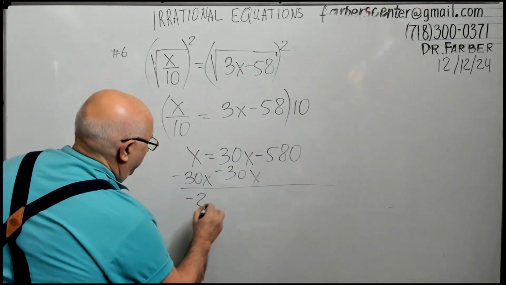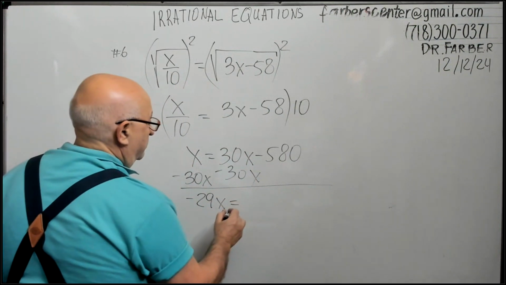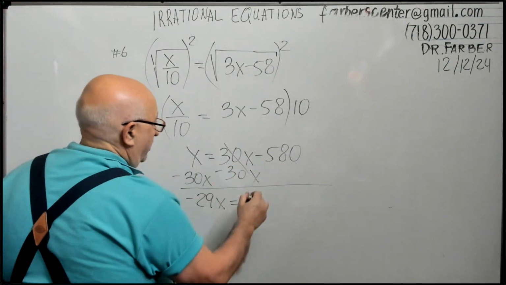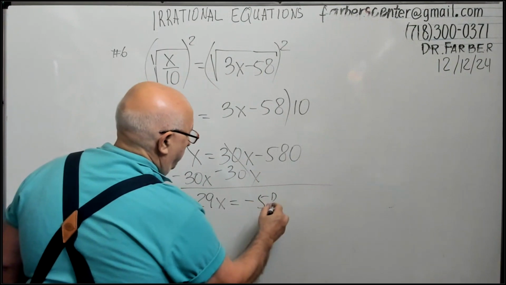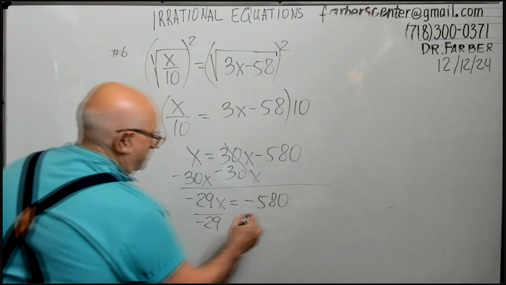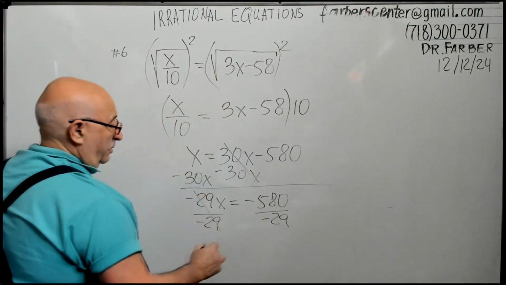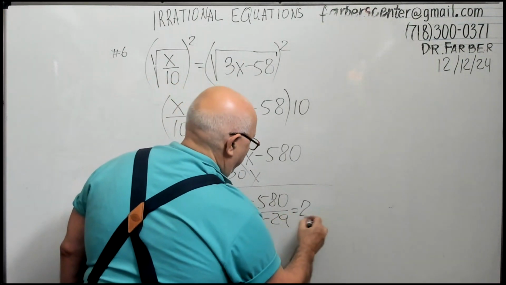I have negative 29x equals, cancel out, negative 580. Divide both parts by negative 29. Cancel out, x equals 20.